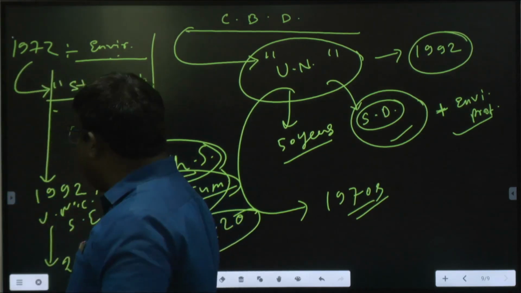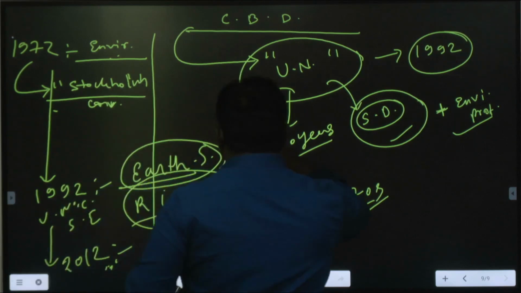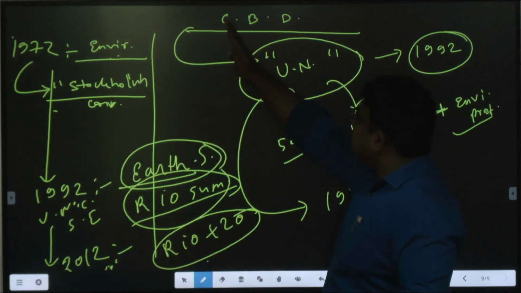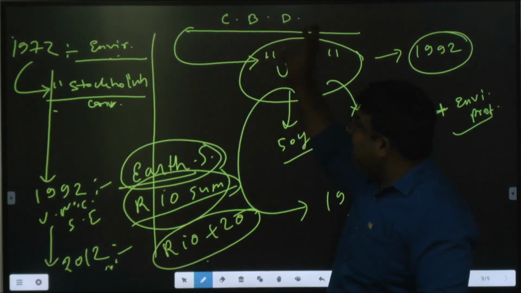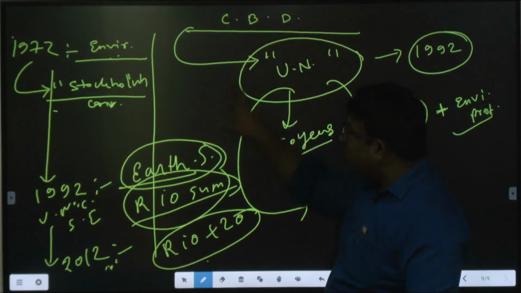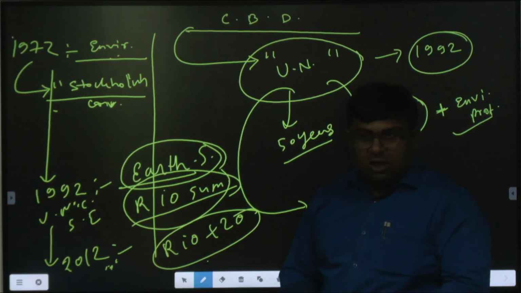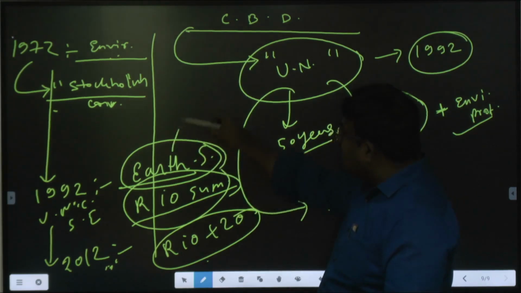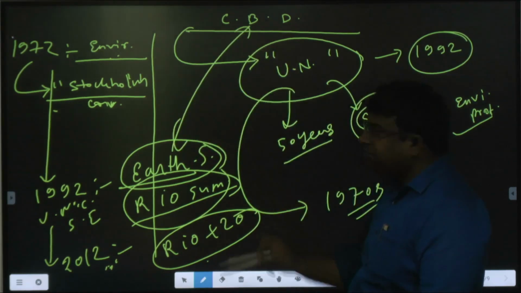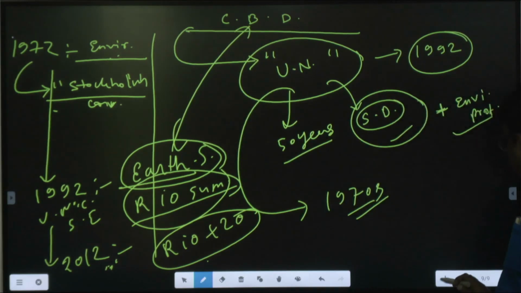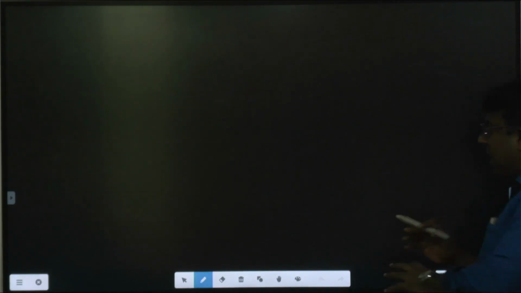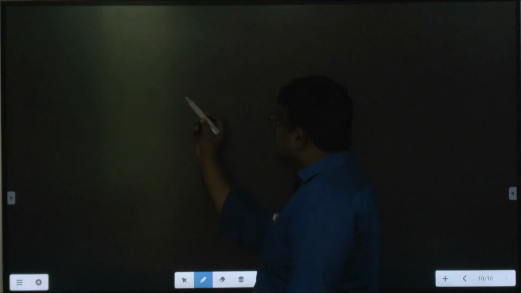So I am talking about, since our task is to discuss CBD, and this CBD was one component of this convention of 1992, now I am going to correlate these two topics and try to again follow your own very organic thought process.